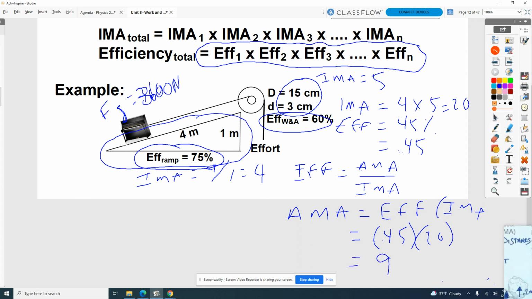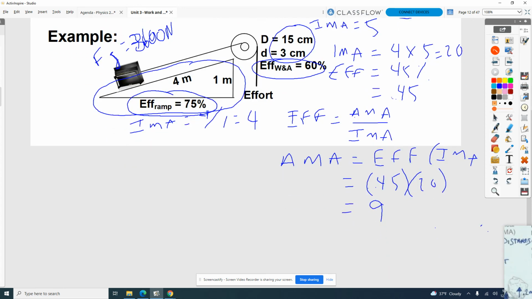So what does that mean? I would only have to exert 1/9 the amount of force to be able to lift that thing up. So since AMA is a ratio of output force to input force, well, how hard I'd have to exert a force to be able to lift this thing up would just be F in.